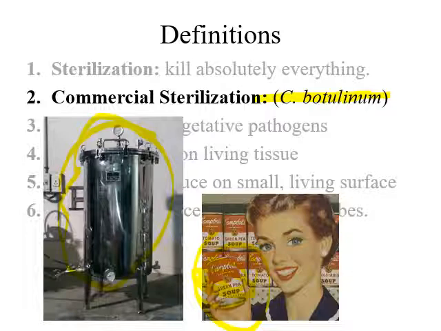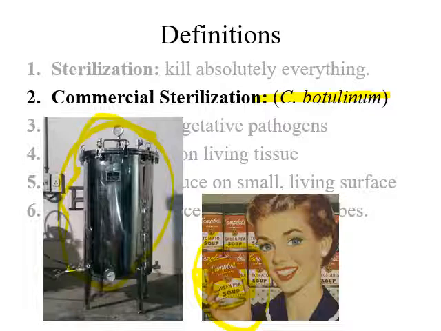Legally, that means that if you have some food that's contaminated with Clostridium botulinum endospores, you have to cook it at a high enough temperature and for a long enough period of time to destroy 12 decimal reduction times for Clostridium botulinum endospores.